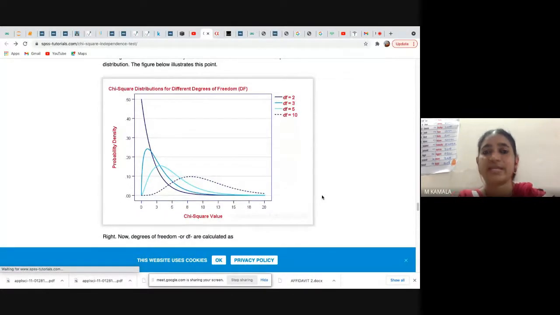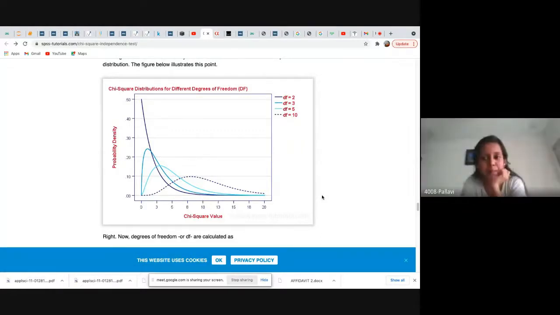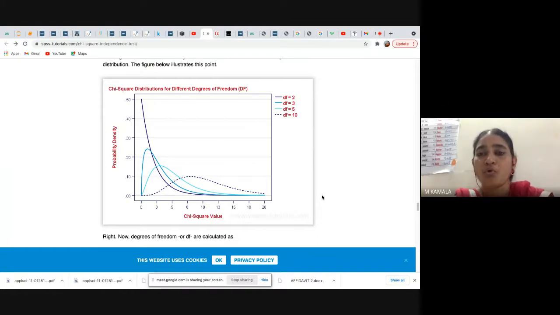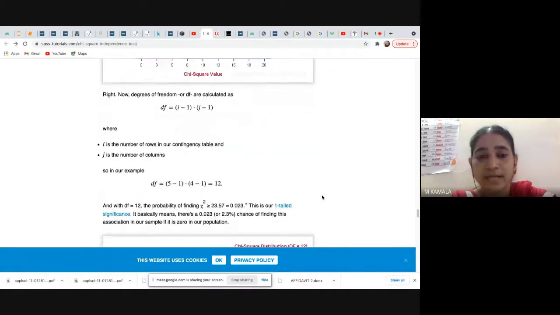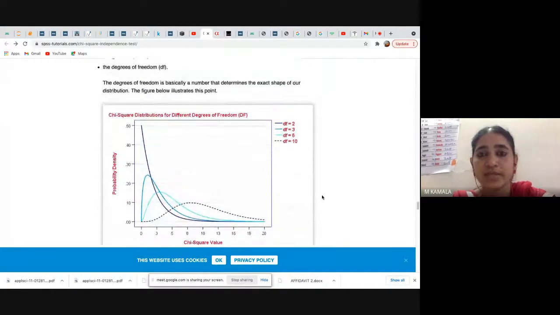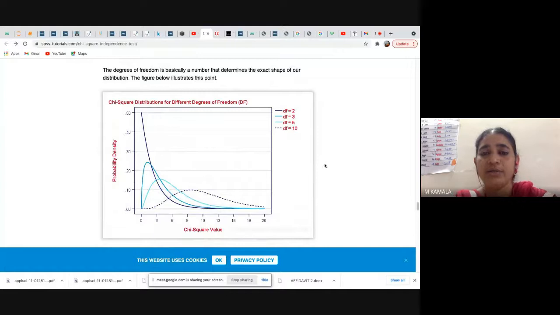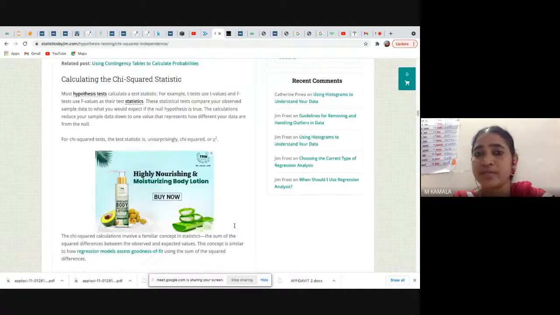Yes, okay, we can see this. Can you see this graph? Yes, ma'am. See, this is chi-square with df equal to 2 degrees of freedom. Do you know the curve for normal distribution?